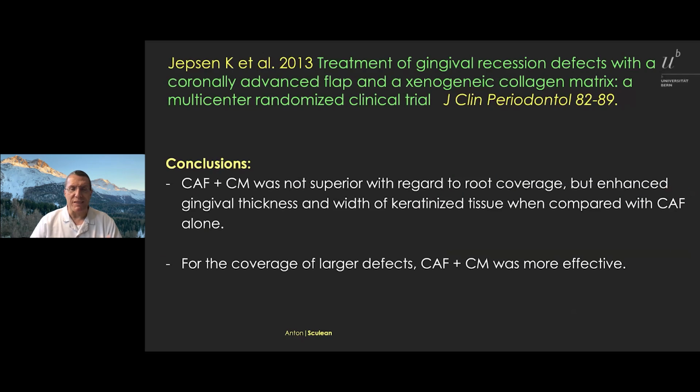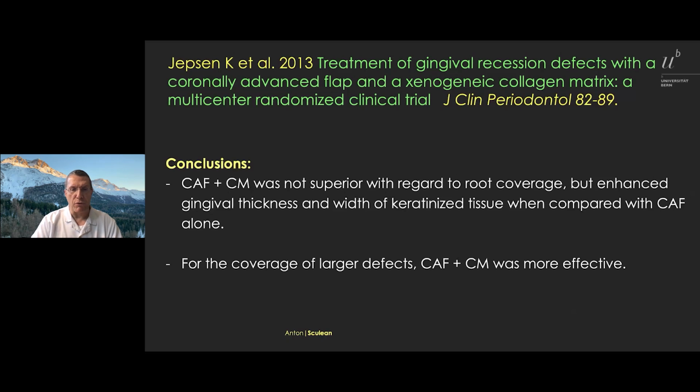Then when we look at the literature provided by other groups, I would like to point out this study by the group of Jepsen and colleagues. They did a randomized controlled clinical study comparing the collagen matrix with a coronally advanced flap alone.